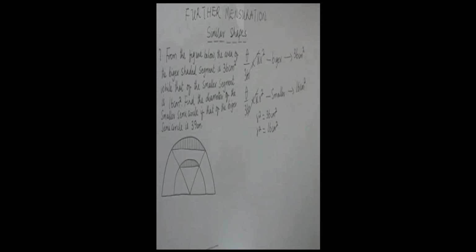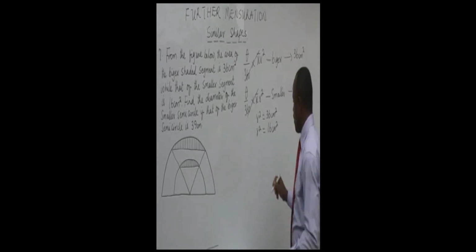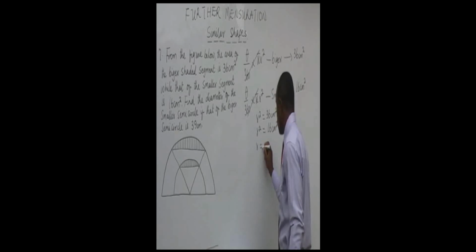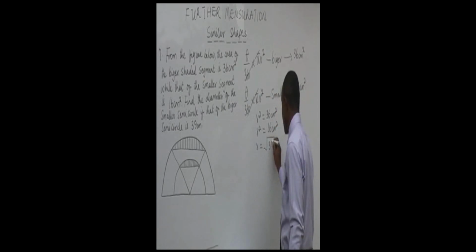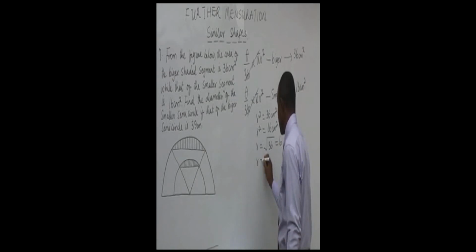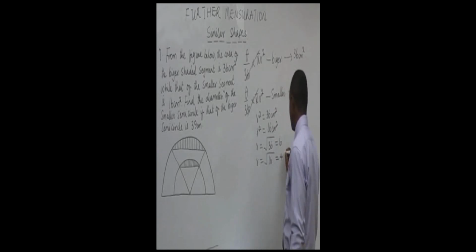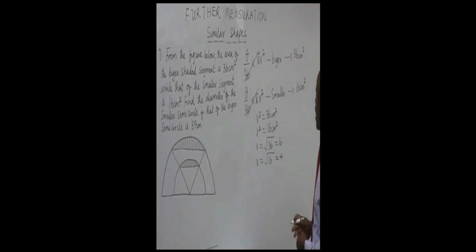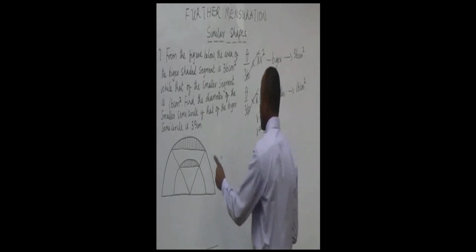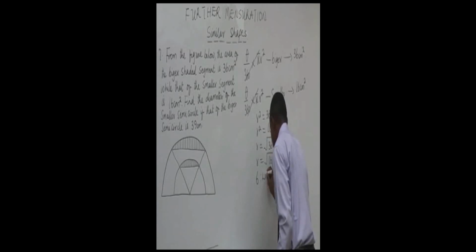For the bigger, r is the square root of 36, which is 6. For the smaller, r is the square root of 16, which is 4. That means the ratio of the radii of the circles where these segments are found is 6:4.